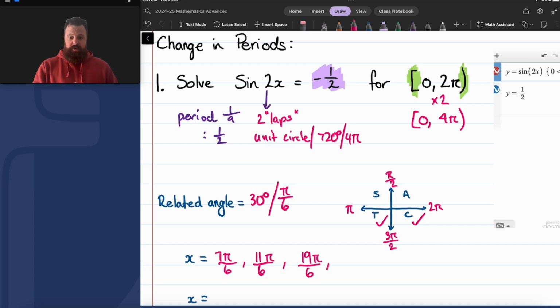The solution after that, so I've done that, the next one was 11 pi on 6. That was my first rotation. In the second rotation, it's 2 pi, a full 360 degrees later. So I'm going to add 12 pi on 6 to that, and 11 plus 12 is 23 pi over 6.